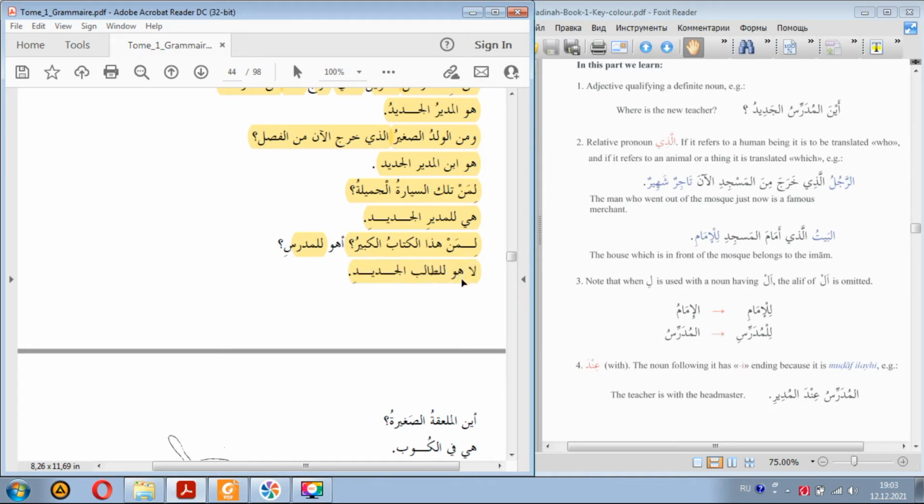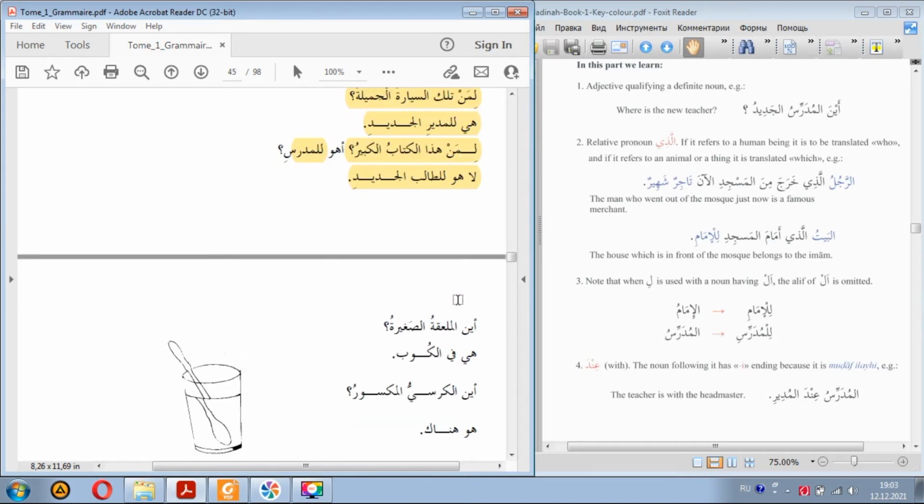No, it's for the new student, or it belongs to the new student. Well, it's definite. So it says لا هو للطالب الجديد. No, it's for the new student, or it belongs to the new student. Well, I think the meaning is the same.